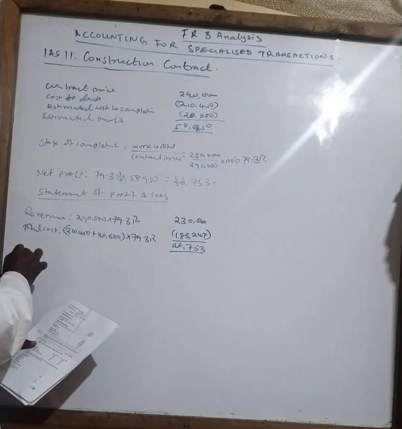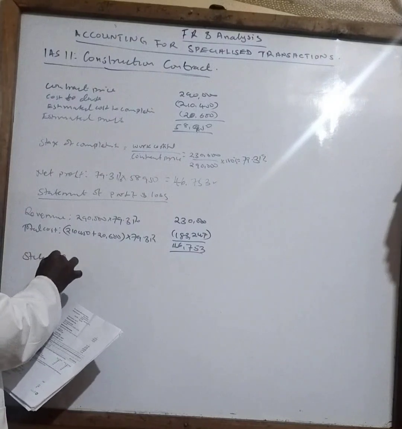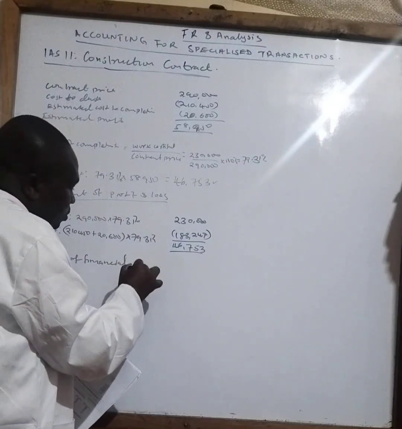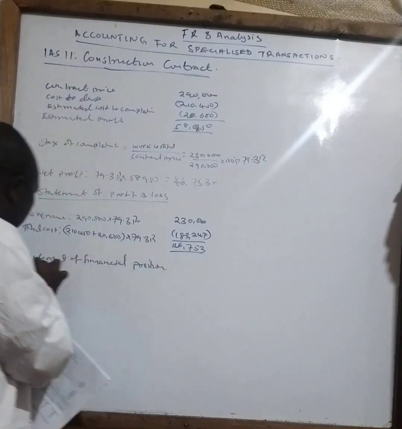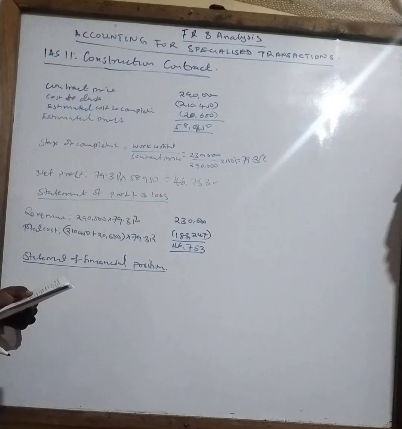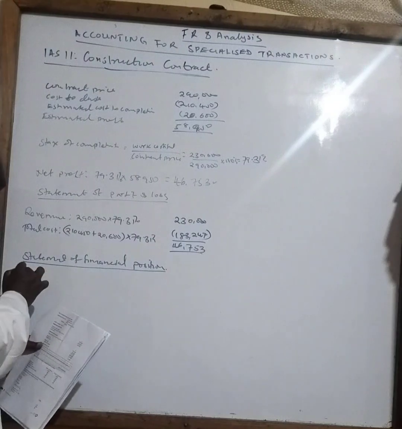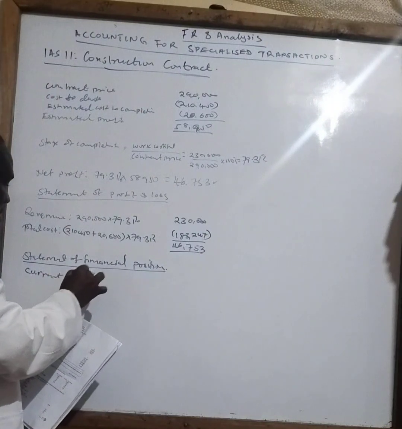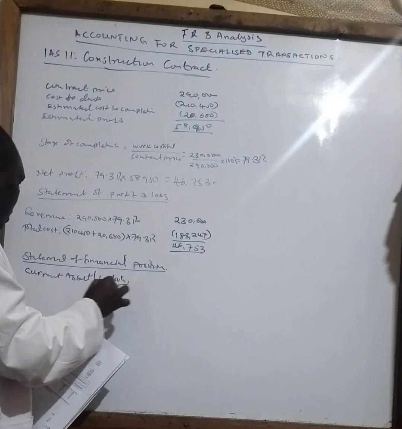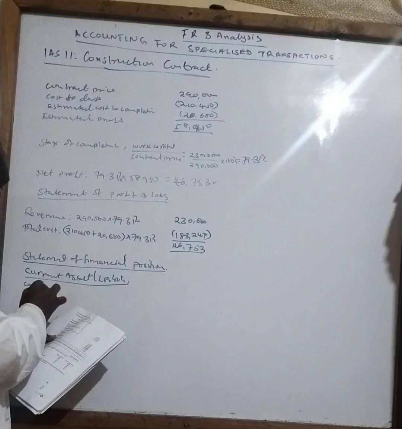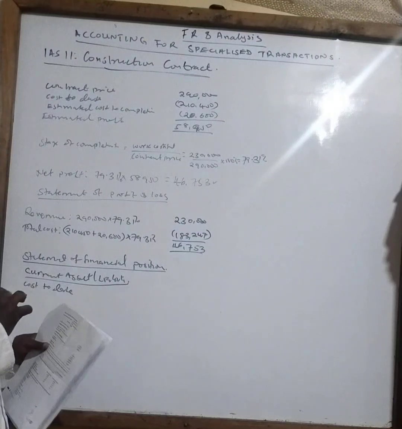Then you go to statement of financial position. Statement of financial position, we need to show the assets first. In this case, we can now calculate current asset or liability. So let's see. According to the summary I gave, you say cost to date. Have you been given cost to date?